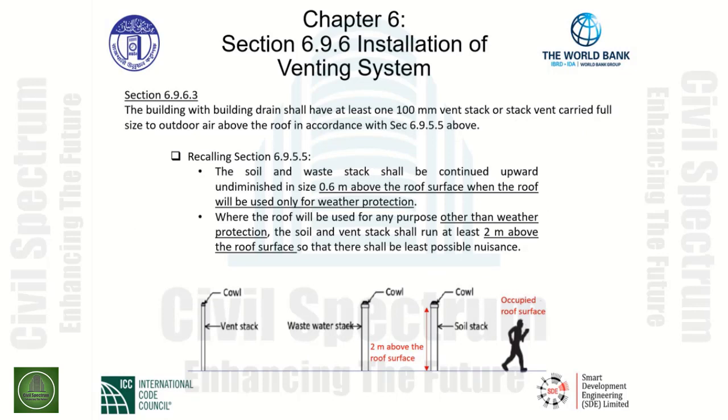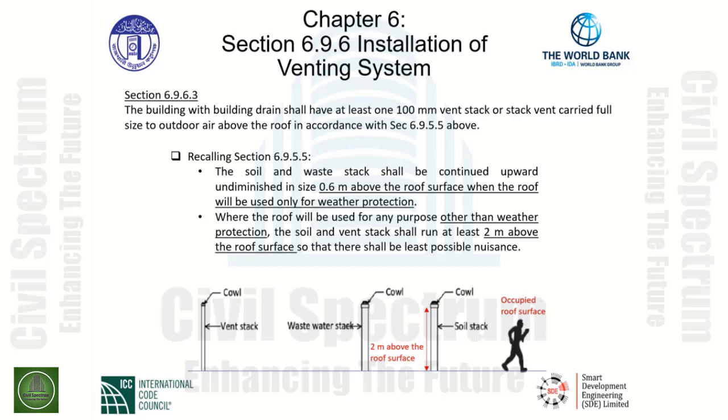Section 6.9.6.3. The building with building drain shall have at least 100 millimeter vent stack or stack vent carried full size to outdoor air above the roof in accordance with section 6.9.5.5 above.